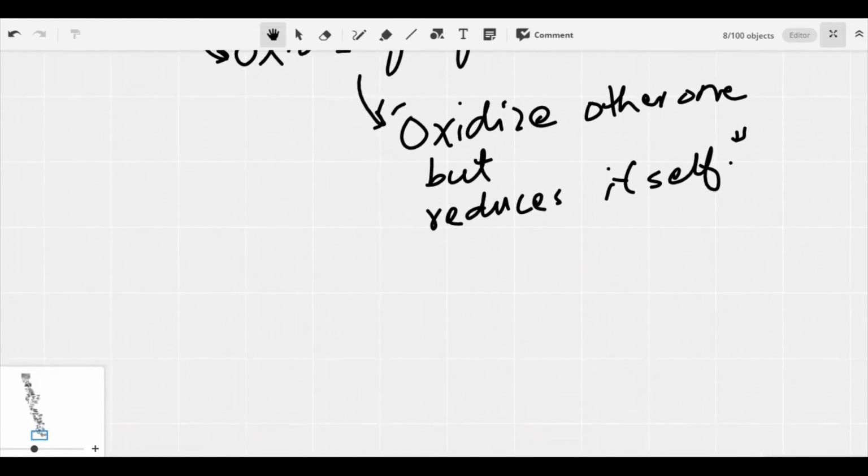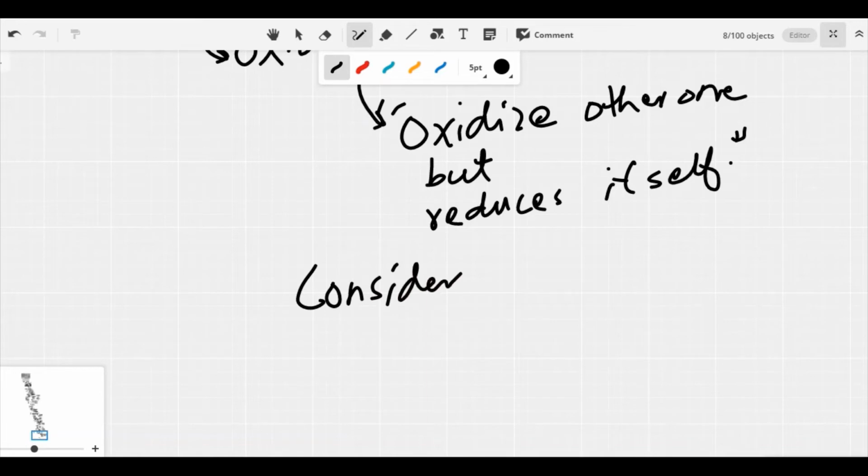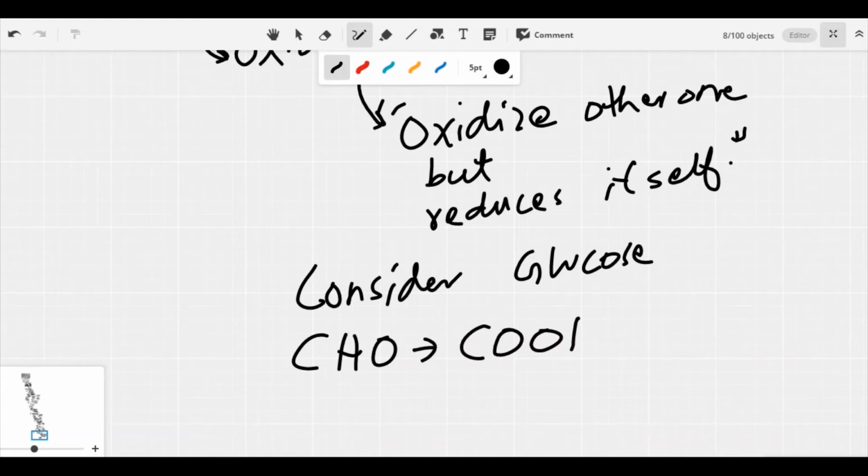Like the first one, considering glucose, oxidation of the aldehyde group will make gluconic acid. Here you can see the appearance of the carboxylic acid.